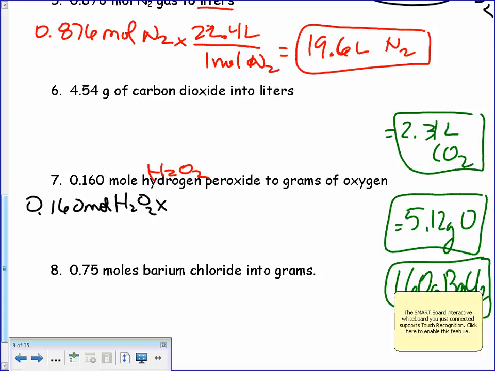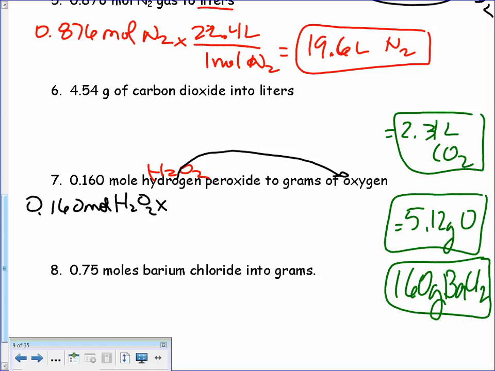Anytime you see that you're transitioning from a compound to an element within that compound, that's when you have to use that internal mole ratio. So I'm in moles, which is great. But now I need to get from moles of hydrogen peroxide to moles of oxygen using your internal mole ratio trick. So for 1 mole of H2O2, how many O's are in it? 2. So that 2 means I have 2 moles of oxygen within it.